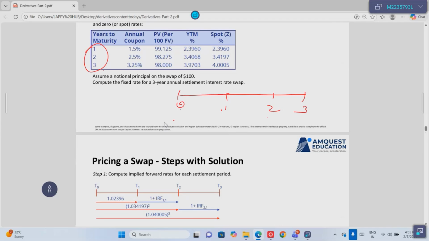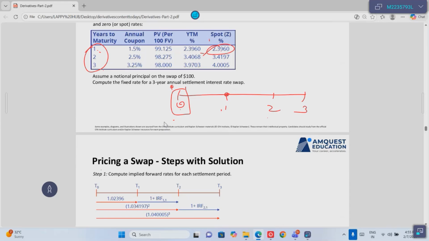Now understand the rate. I have a spot rate, remember, spot rate as of today. Spot rate for year 1 is 2.396, right? So if I invested $1 here, how much will I receive in year 1?